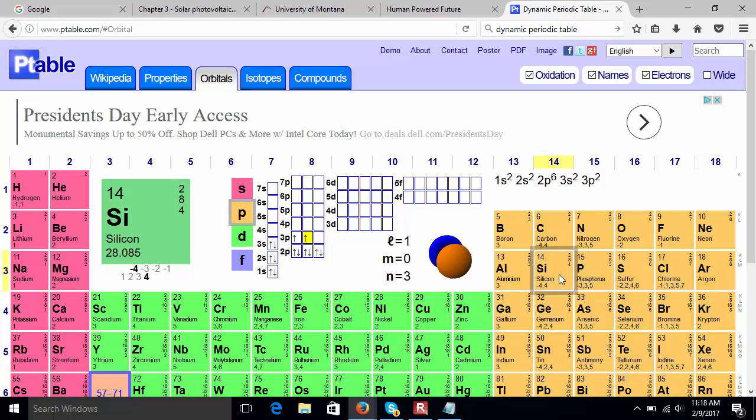That 3p has 2 up electrons. There are 4 electrons missing from that, and it's those outer valence electrons that allow bonding to happen amongst all elements. So if we go to phosphorus, you can see we filled up an additional valence electron there.